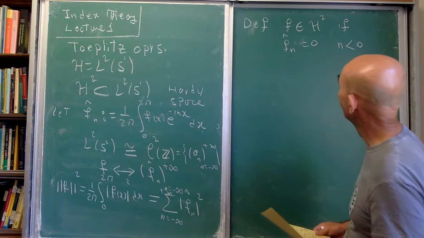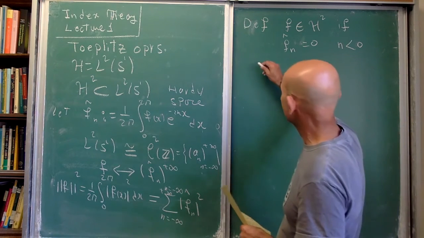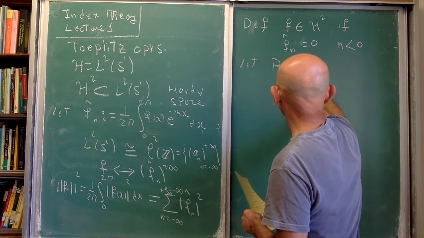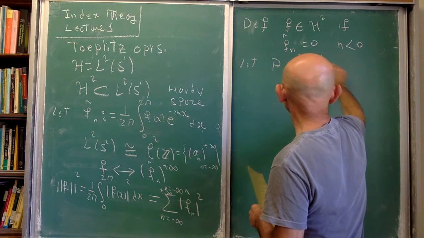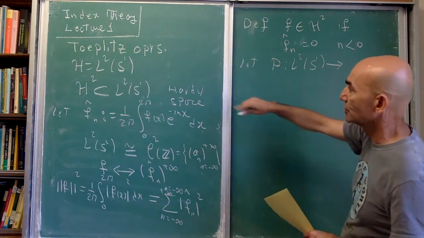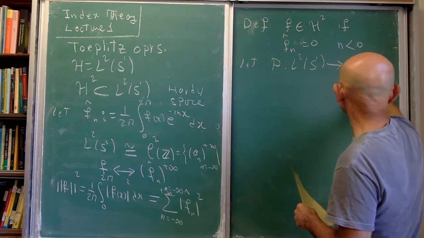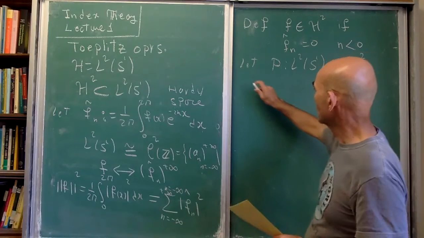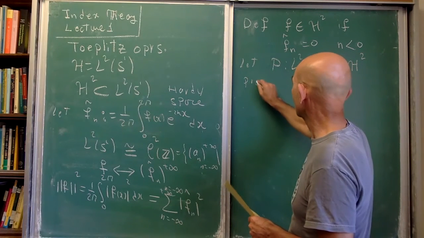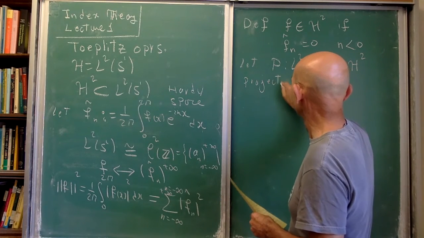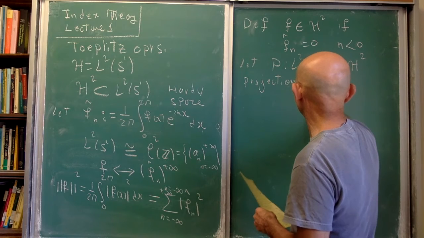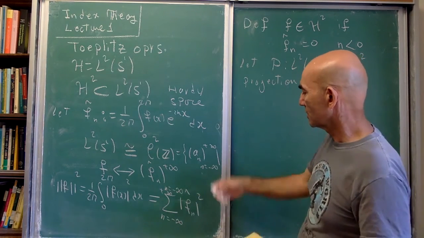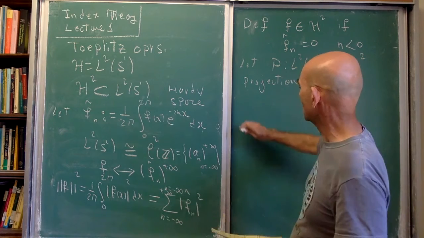So, okay. Now let's let P be the map from L2 of S1 to H2. This is the projection operator, right? Projection operator into this subspace. So this just cuts down the negative part and takes the positive part only.